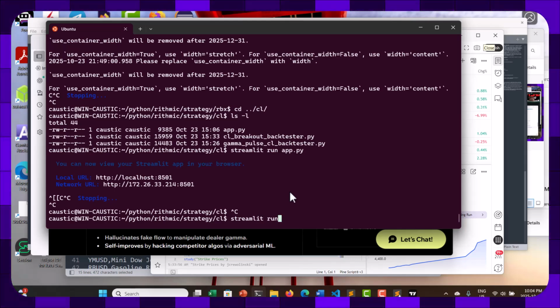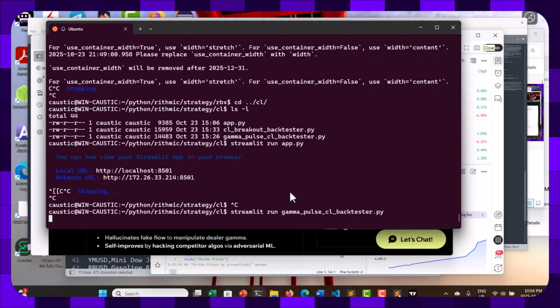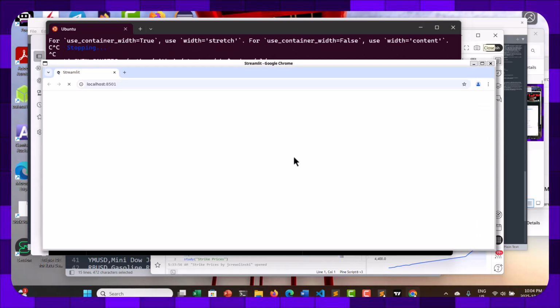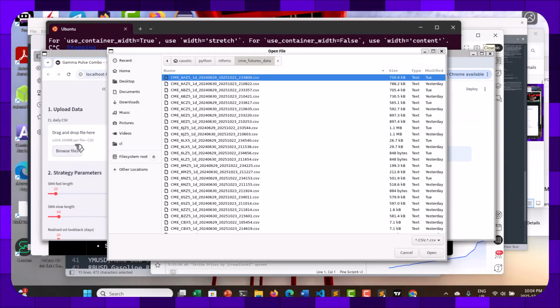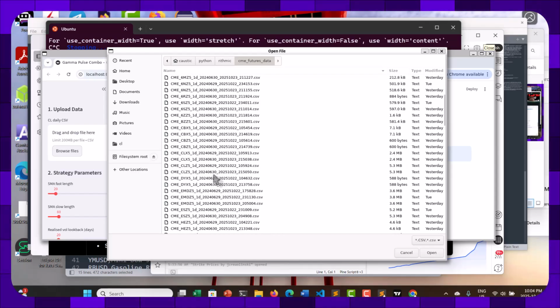Okay, so we have the Streamlit gamma pulse. Let's check out that one. So here, loading our data. I just want to give you a highlight of which strategy works best for CL oil.